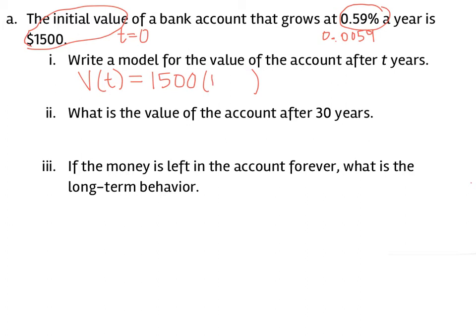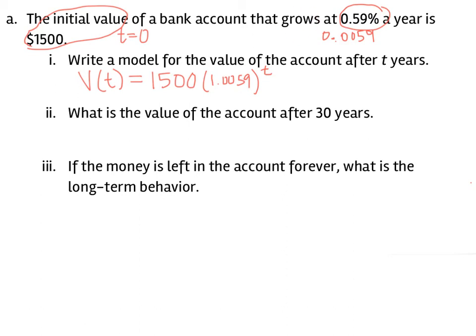So the rate, because it's going to grow, needs to be greater than 1. I'm going to add that percentage to 1 and make my exponent my input variable, so after t years. So again, initial value here, the rate added on top of 100% of what we would have because this is going to be growing.